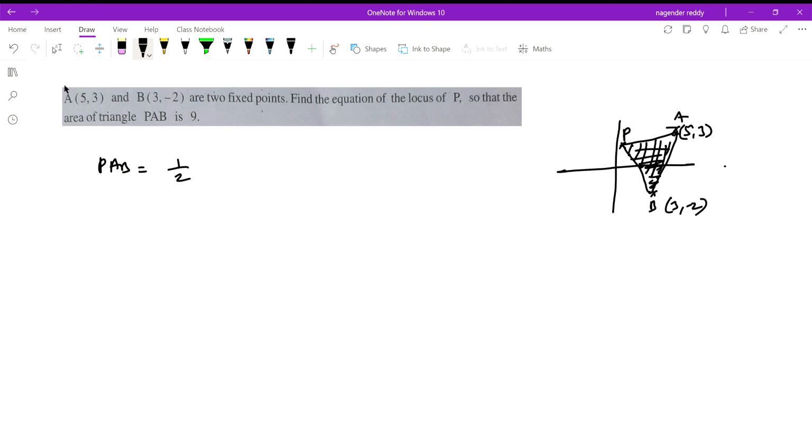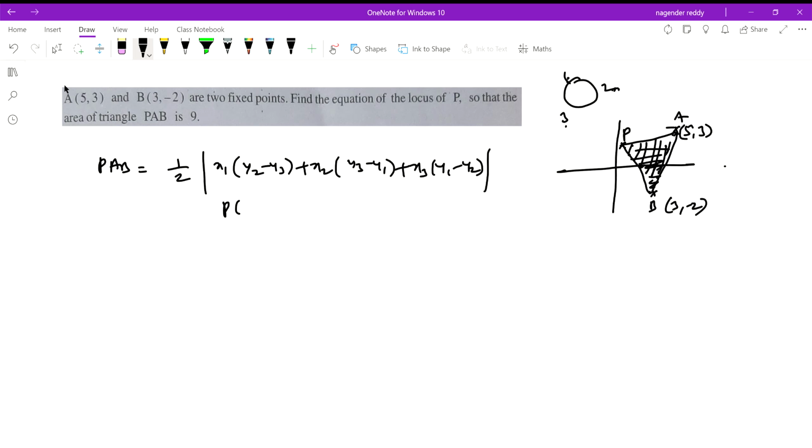That is 1 by 2 mod of... The formula, when 3 points are given, for the area of the triangle is x1 into y2 minus y3 plus x2 into y3 minus y1 plus x3 into y1 minus y2. This is the formula, right? How to remember this one? Take the circle, take 1, 2, 3: x1 into y2 minus y3, x2 into y3 minus y1, x3 into y1 minus y2. Now substitute the values.